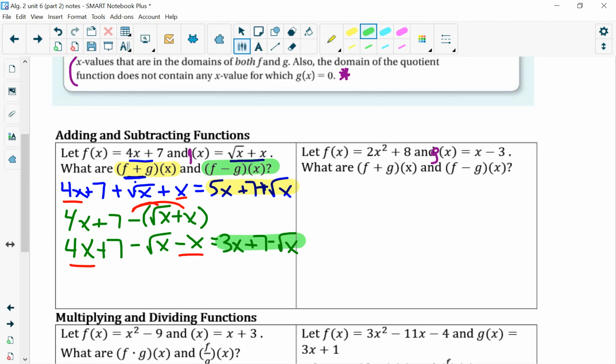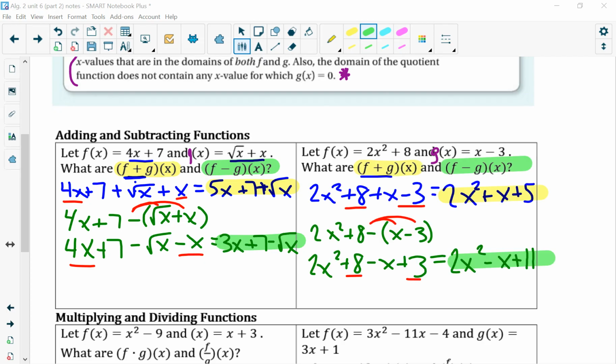I would like you to pause, work through the next one, and then come back to check. For f plus g of x, you should have gotten 2x squared plus x plus 5.